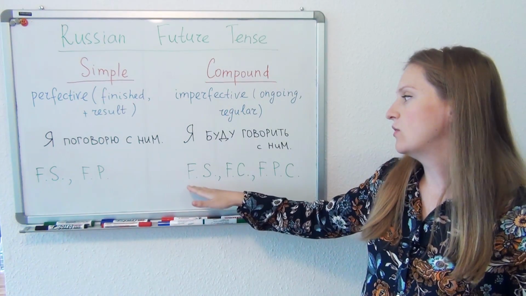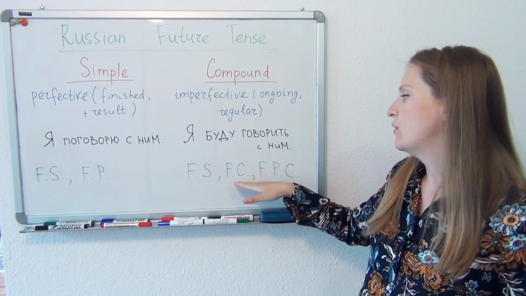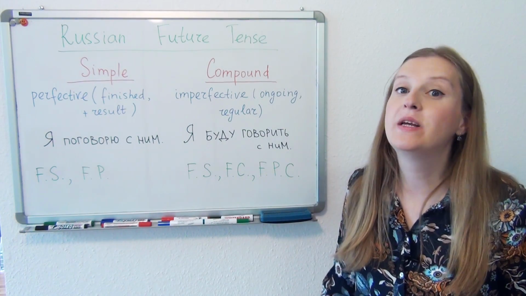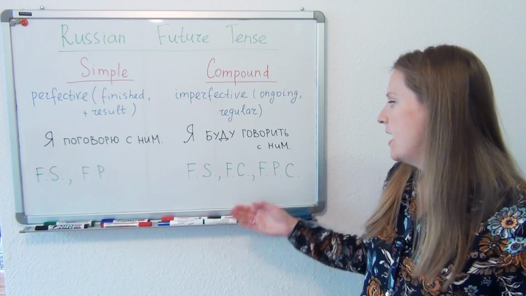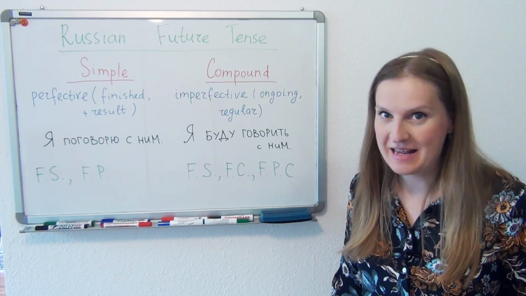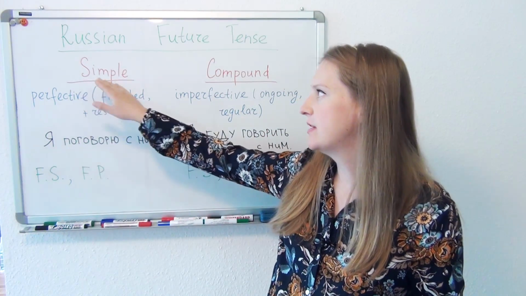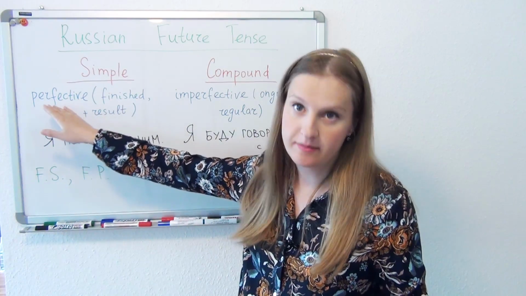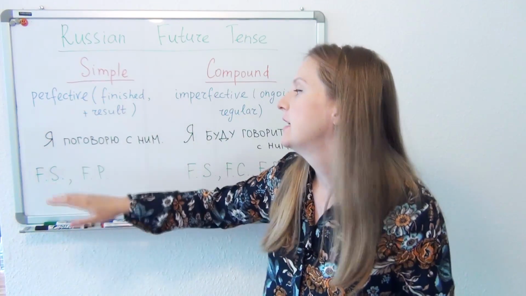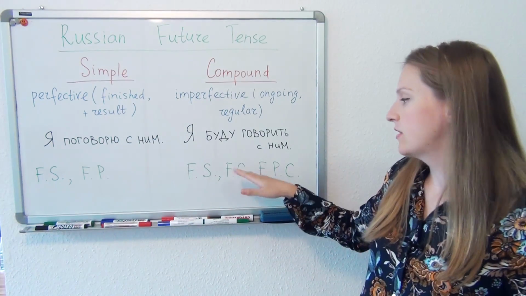Here we usually use future simple, I will speak with him, future continuous, I will be speaking with him, and future perfect continuous, I will have been speaking with him. By the way, here, when we deal with simple and therefore perfective, future simple is much more common than here.